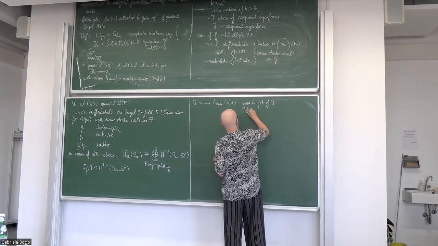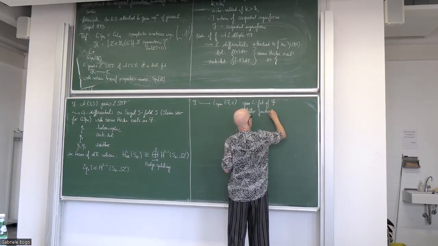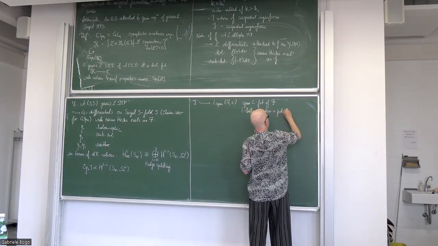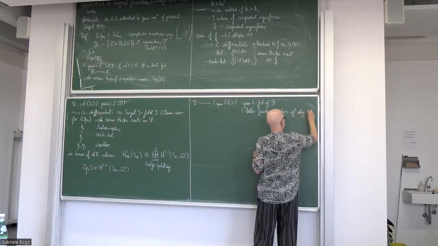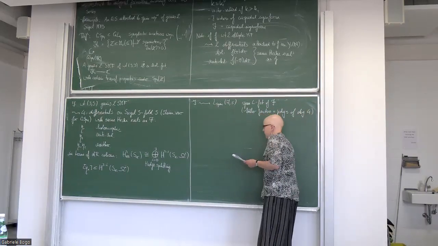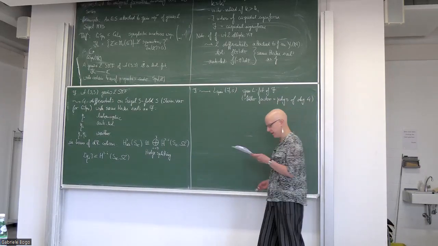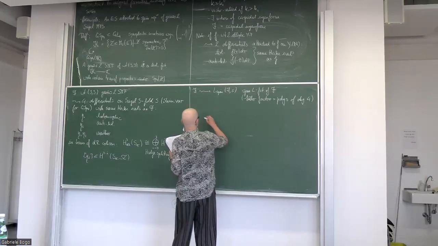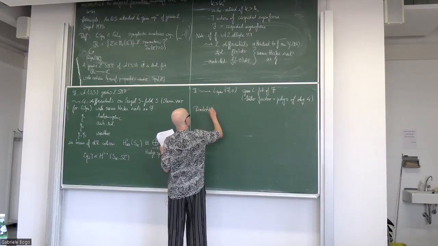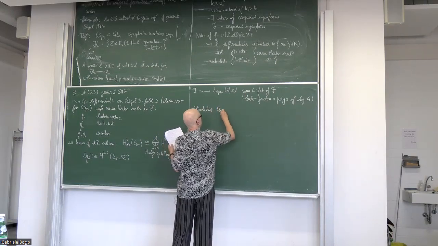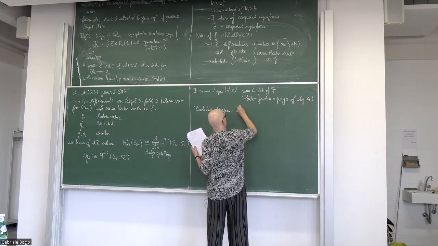So the Euler factors are polynomials of degree 4. And then for these values of this L function, we have the following integral formula, which is due to Piatetsky-Shapiro.